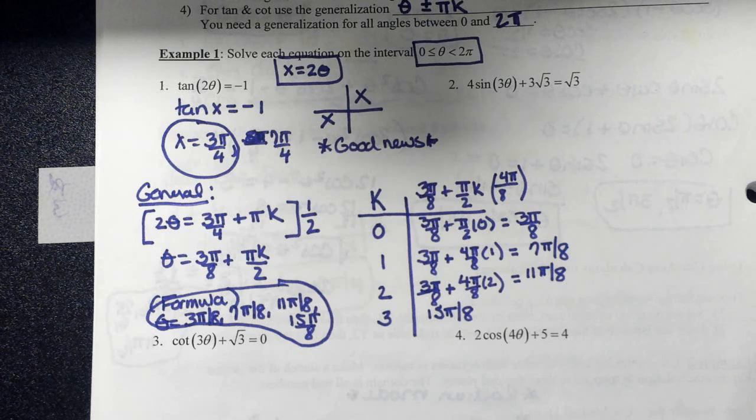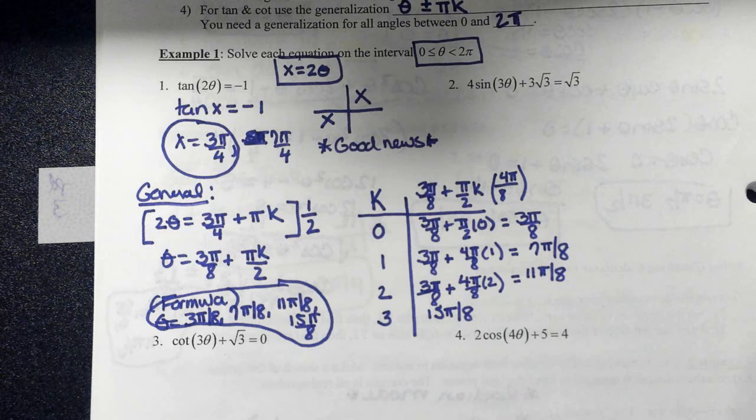So that's why when you have this number in front of theta, the values are not going to be directly from the unit circle, because you can be multiplying or dividing numbers by those theta values, so they're not as obvious. That's why you have to come up with that formula to help you generate the solutions. Again, you only have to do this when there is a number in front of theta.